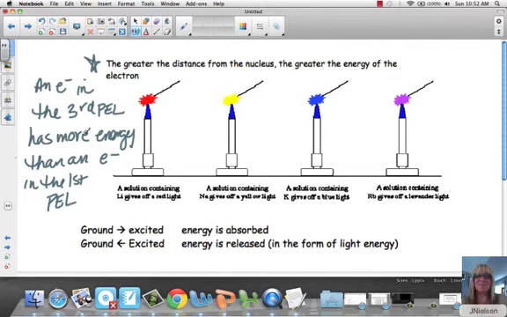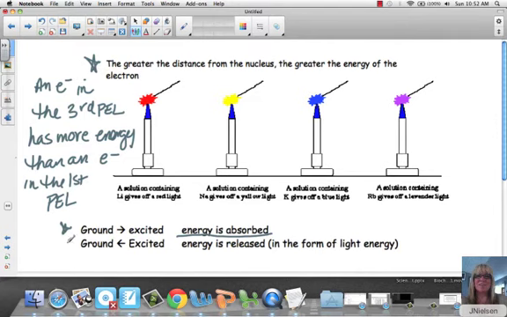Because when you go from the ground state to the excited state, when that electron jumps from a lower level to a higher level, energy is absorbed. This is very important. So an electron in the third principal energy level had to absorb energy to get there. So it's going to have more energy than an electron in the first principal energy level.